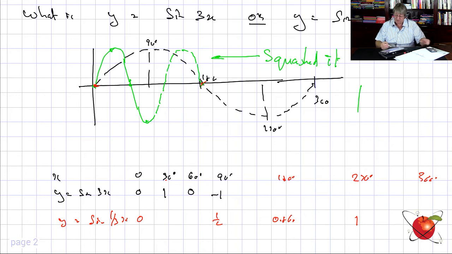There we go. So we're at 0, at 90 we're a half, at 180 we're 0.866, and at 270 we are 1. Look.